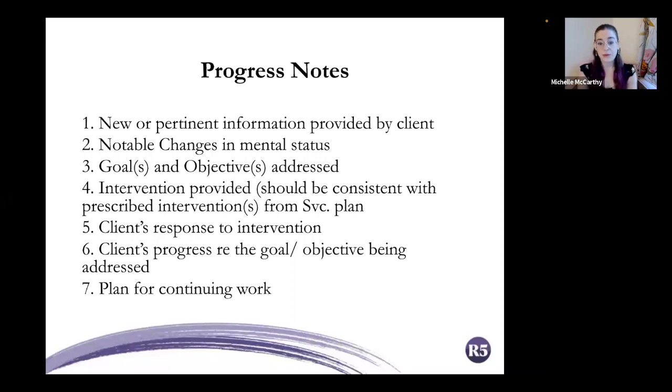Did Sam even report that, I learned this before and I never used it? And did we talk about what kept him from using it last time? I want to know how the client participated and how they responded to what I brought to the table. And over time, the note should reflect the progress that is or is not happening towards those goals.